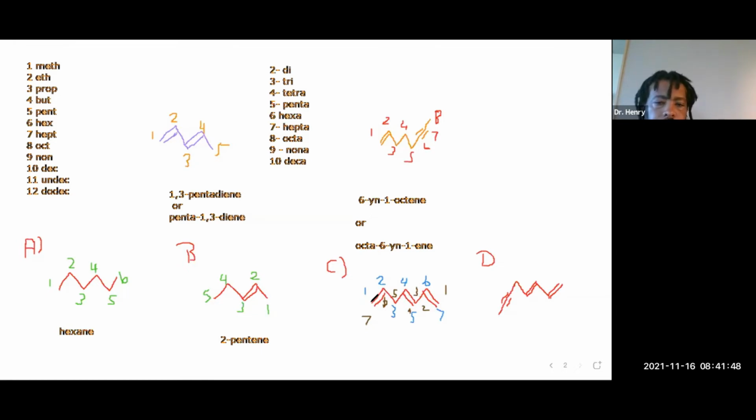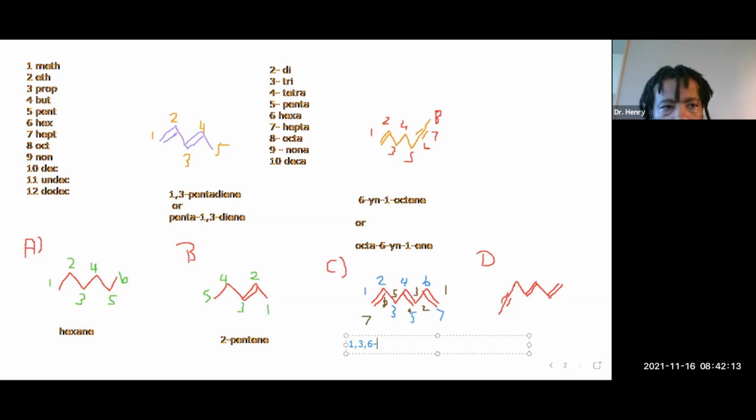Where the blue would have given us 1, 4, and 6. So we'd use the brown numbers. So we said there are double bonds at the 1, the 3, and the 6 carbon.